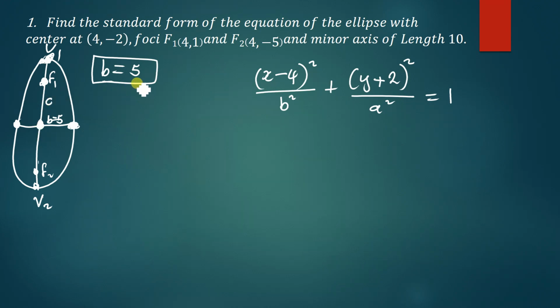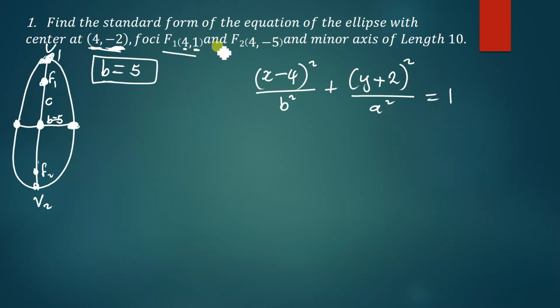How do you calculate c? You simply subtract the center and one of the foci. If you subtract 4 and 4, you get 0. Then you subtract the other numbers, which will give you +3.